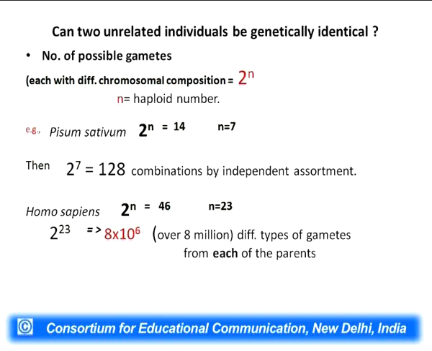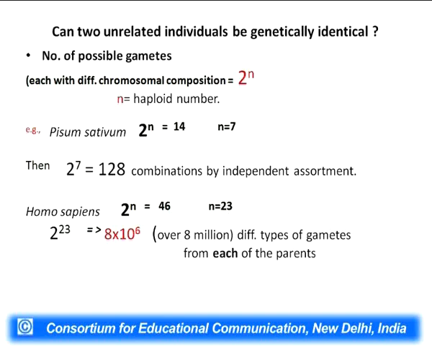So, each gamete with a different chromosomal composition can be denoted by the formula 2 to the power n, where n would denote the haploid number, in other words the genomic number.